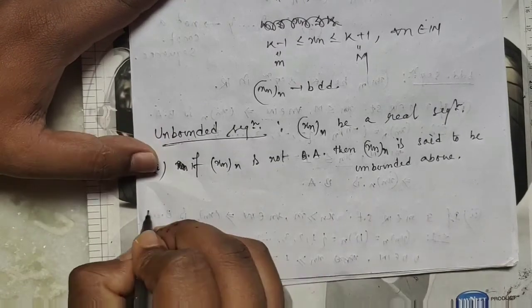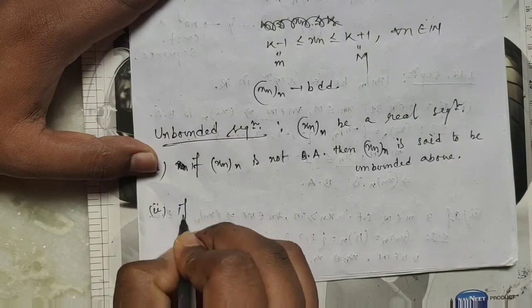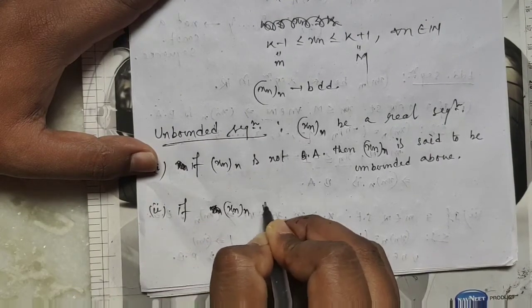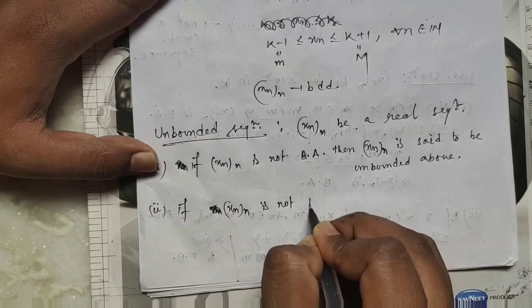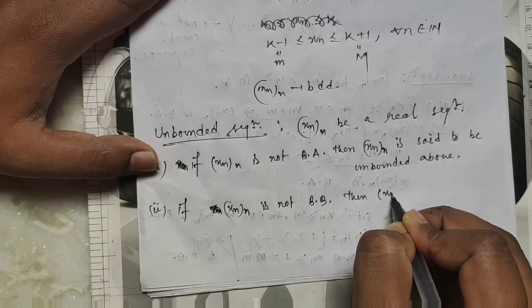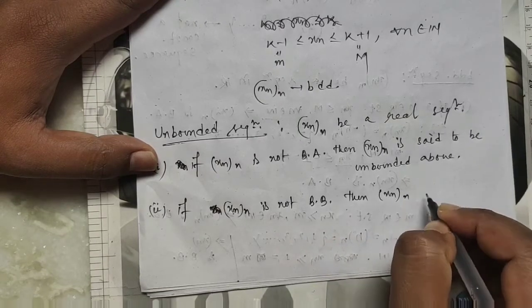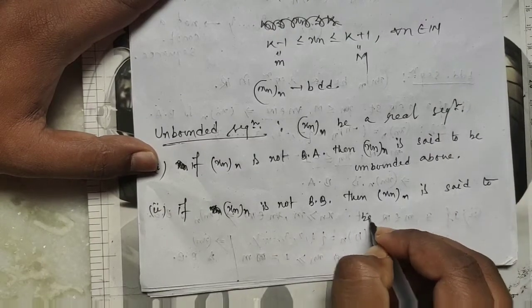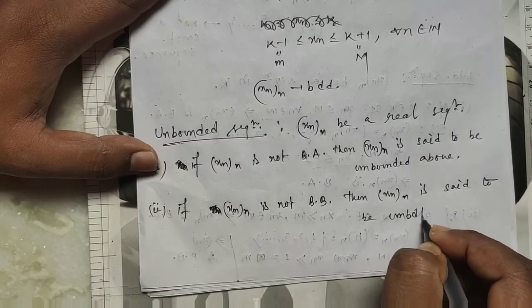Number 2, if the sequence xn is not bounded below, then the sequence xn is said to be unbounded below.